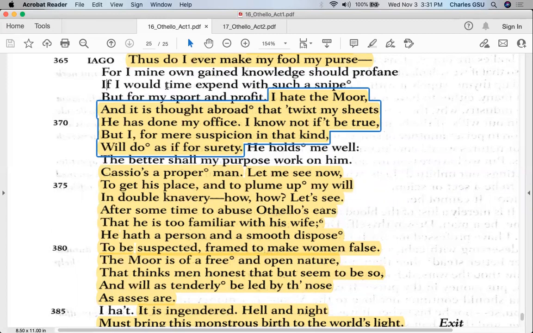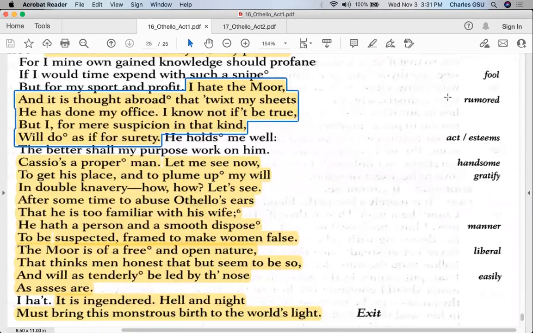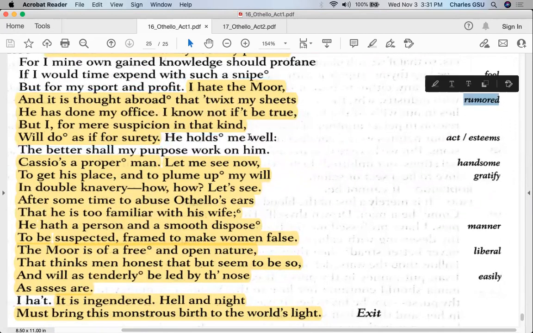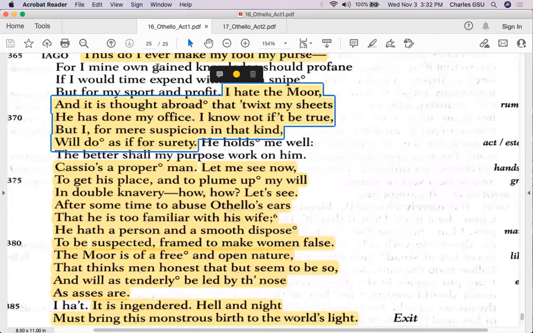So he's angry about that, about the position, as he will say later. The second reason is right here. He says, I hate the Moor, and it is thought abroad, or it is rumored about, that 'twixt, which is Renaissance diction for between, that between my sheets, he, Othello, has done my office.